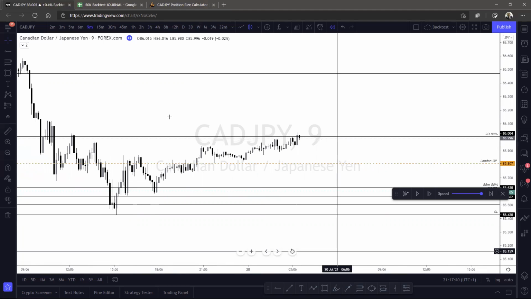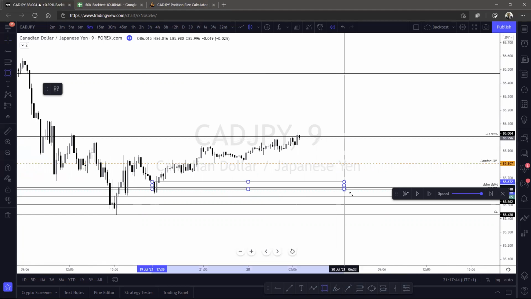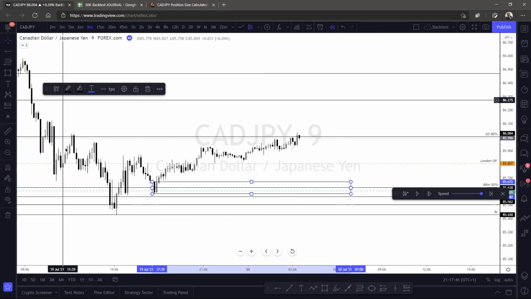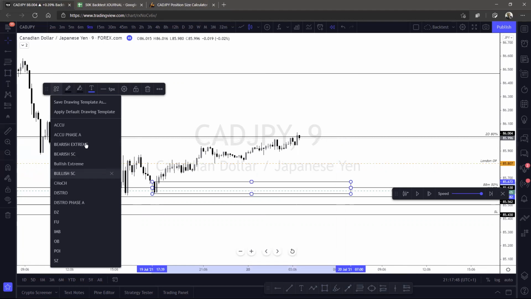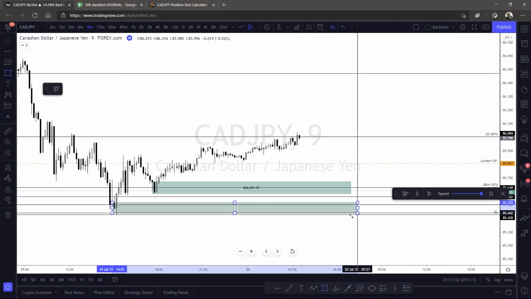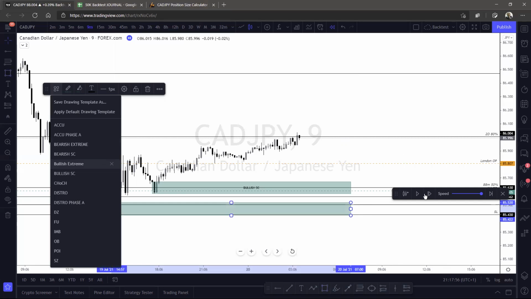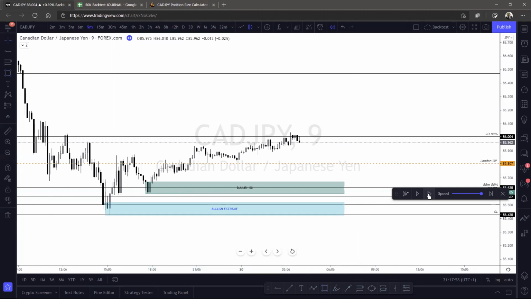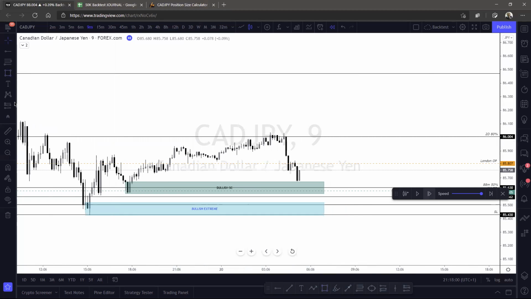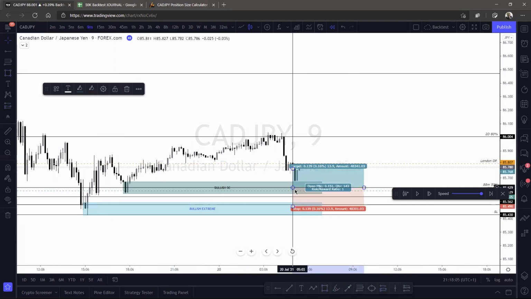So we'll look at this area, and we'll look at this area. Okay, actually we can go first limit maybe about 50% of that.